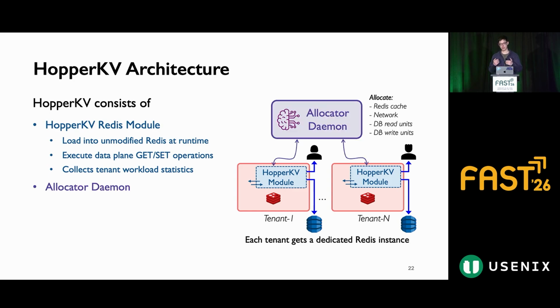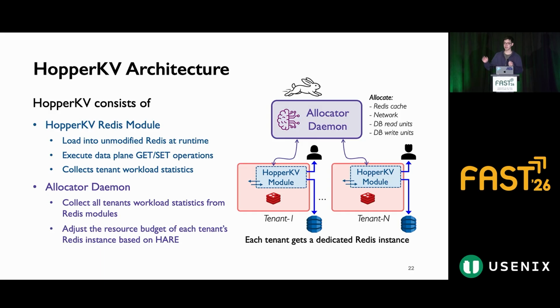We then have an allocator daemon, which will collect every tenant's workload statistics from this Redis module and eventually feed them into HARE. We run the HARE algorithm, and then we adjust every Redis instance's resource budget accordingly based on our algorithm output.